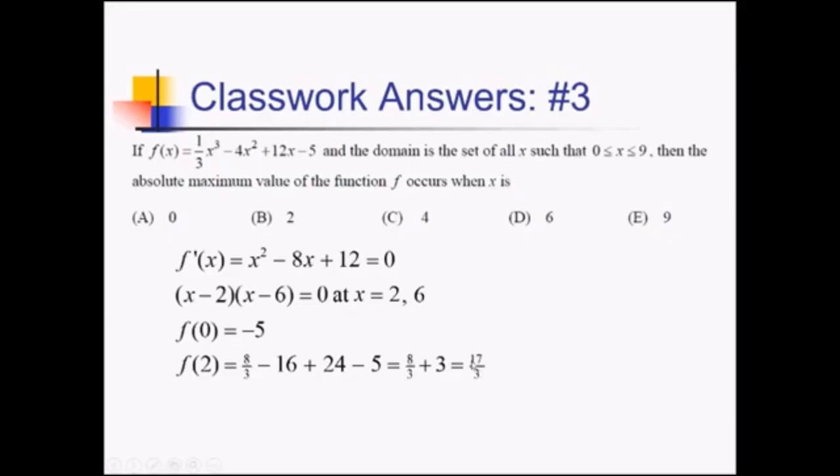We have to also test out now 6. Testing 6 out, 6 to the third is 216, but we have to divide that by 3. Well, I can just take one of those three 6s and multiply it by 1/3. So that would be a 2 times 6, which is 72. Well, that was fun. And now we have to plug 6 into the next thing. So this is 36 times 4. 4 times 30 is 120. 4 times 6 is 24.